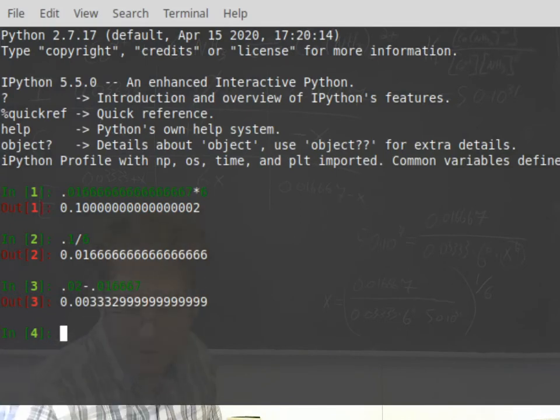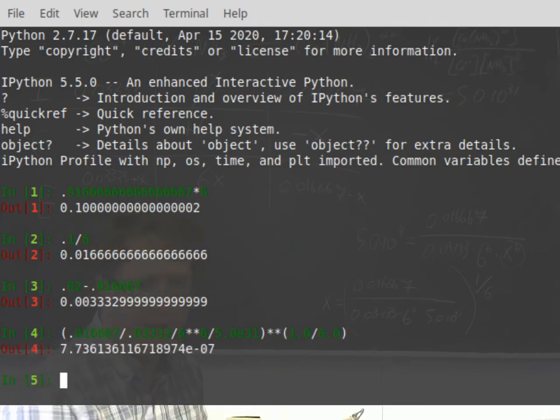So we have 0.016667 divided by 0.03333 divided by 6 to the 6th power divided by 5.0 e positive 31. And all of that is going to be raised to the power of 1 divided by 6.